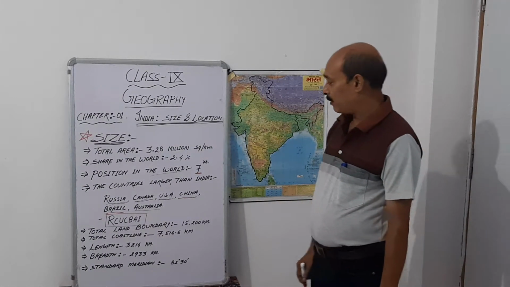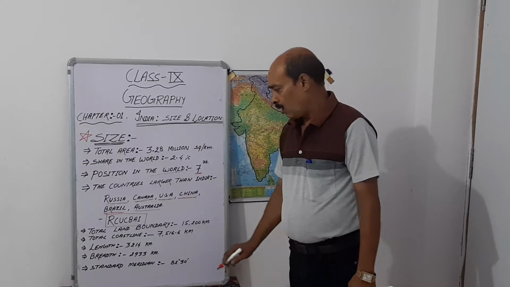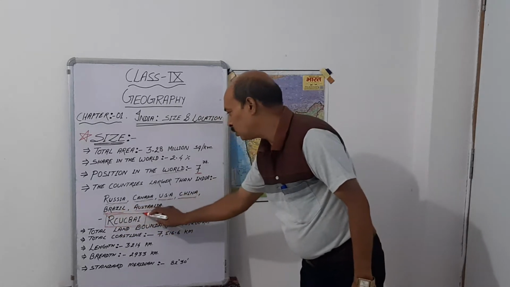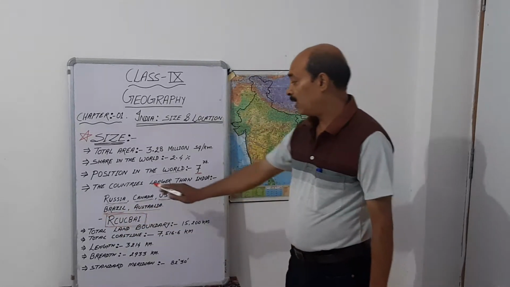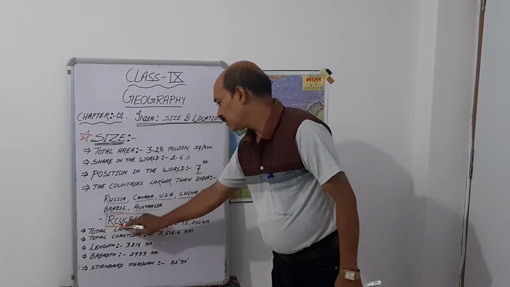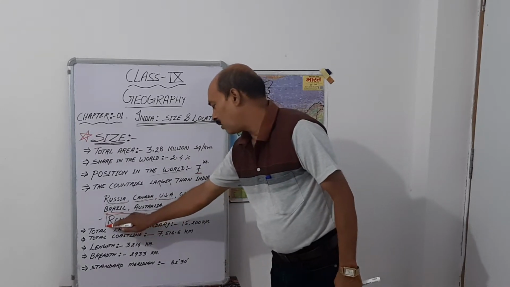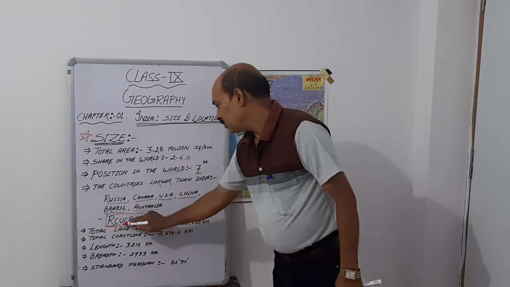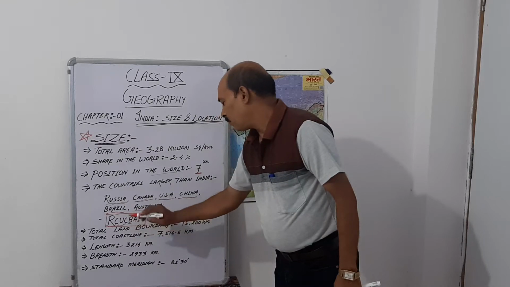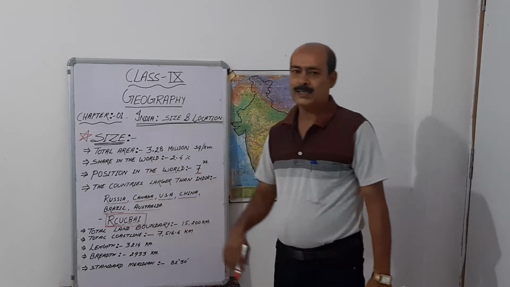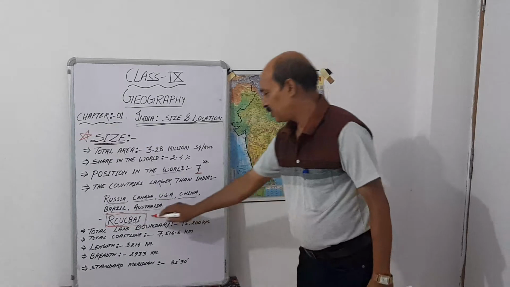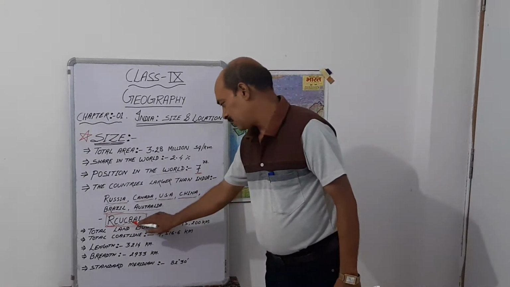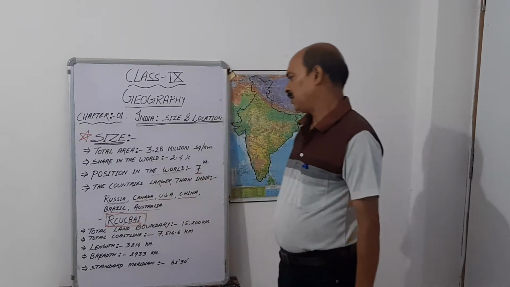For remembering this, I have also developed a mnemonic, that is RUKUBAI. R for Russia, C for Canada, U for USA, C for China, B for Brazil, A for Australia, and I for India.